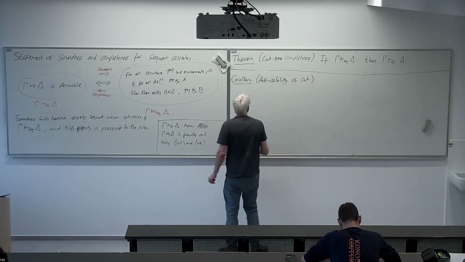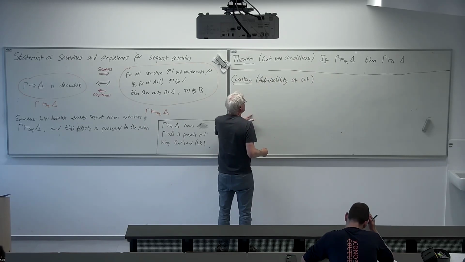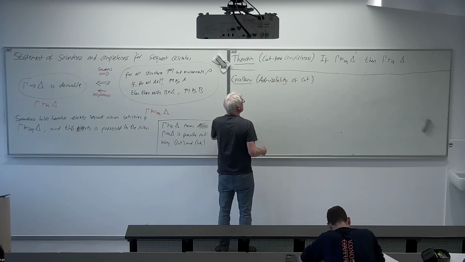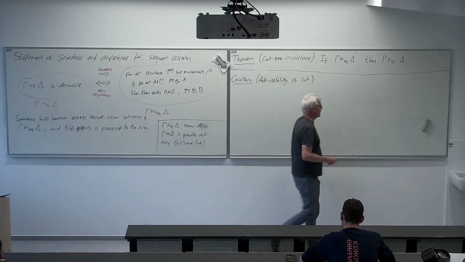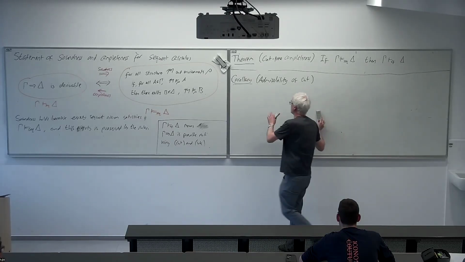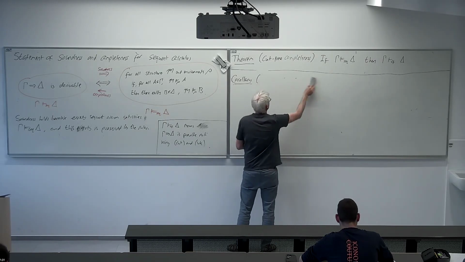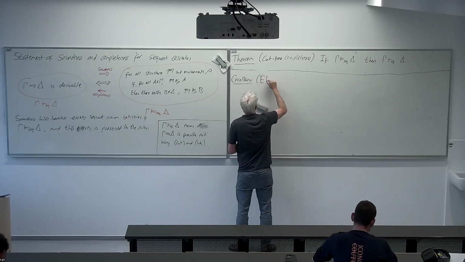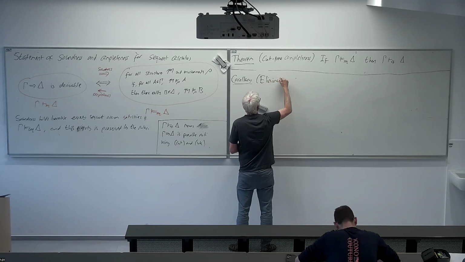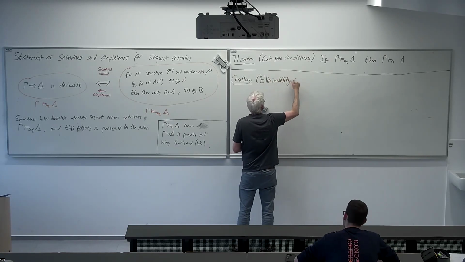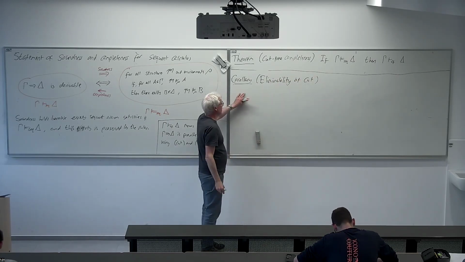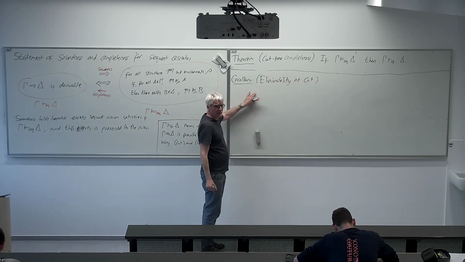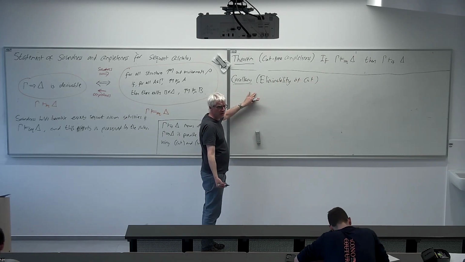Let's even do it like this. This can be in the notes. Let's say the eliminability of cut. We'll put this corollary in that if you can prove a sequent using cut and weakening, then you can prove it without cut and weakening.